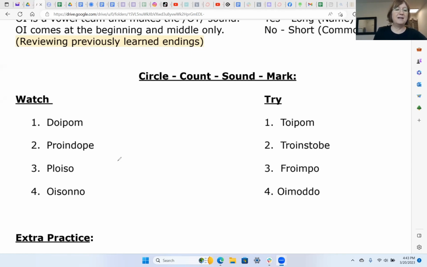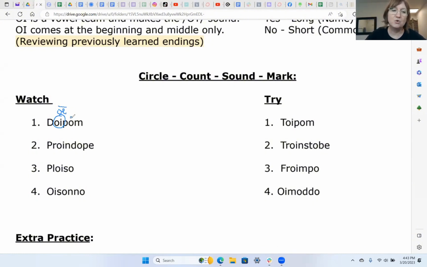So let's mark my number 1. I'll do mine and then you can do yours over here. But feel free to do it with me if you want. So here is our new reading hack for the day. It's going to make the oi sound, oi, the long sound of O and the long sound of E, oi.